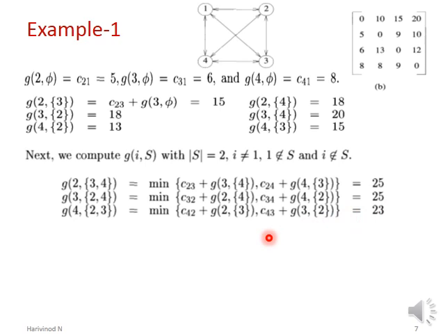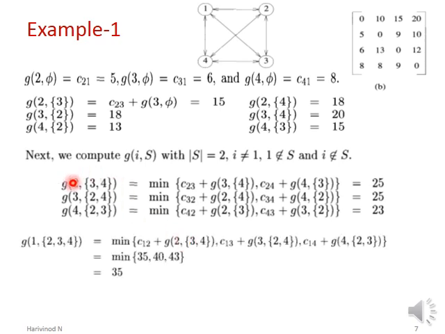Now let us increase the number of elements in S by 1, that is 3. Of course, we have 3 choices again: starting vertex as 1 with all 3 other vertices, starting vertex as 2 with all 3 other vertices, and so on.